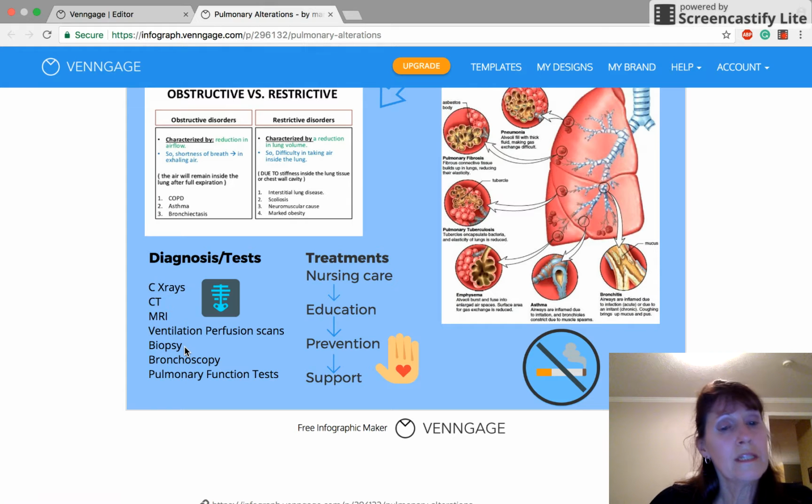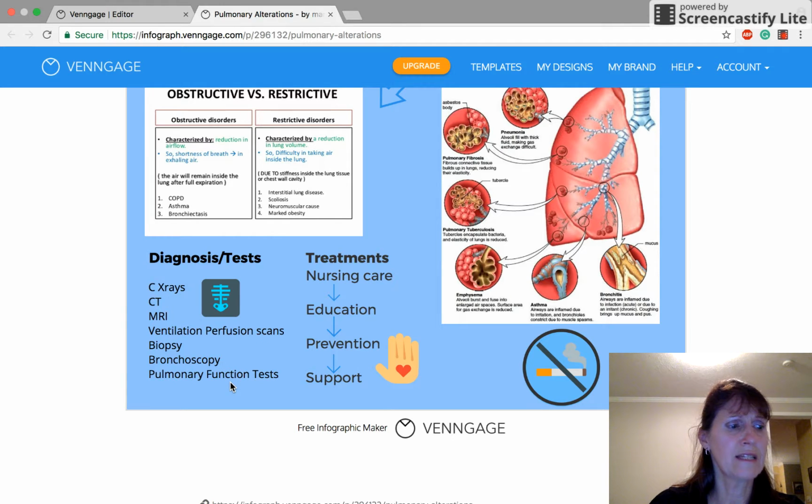We have biopsies where we take a little piece of lung tissue and look at it, especially used in diagnosing different cancers. Bronchoscopy, that's when a thin tube is put down into your bronchi and they take a look at how the tubules look.